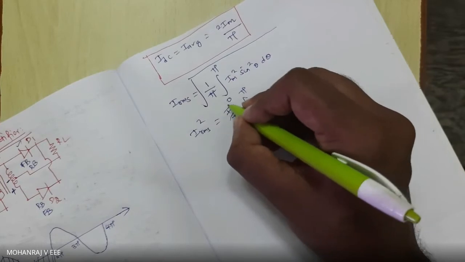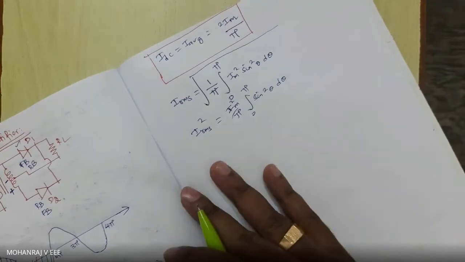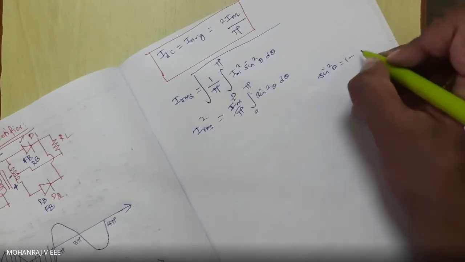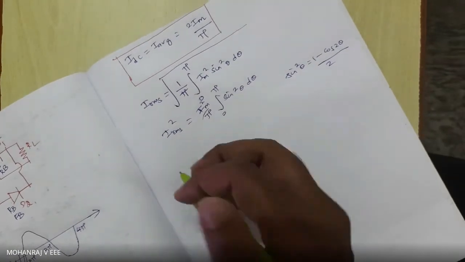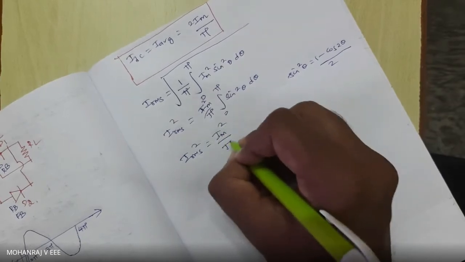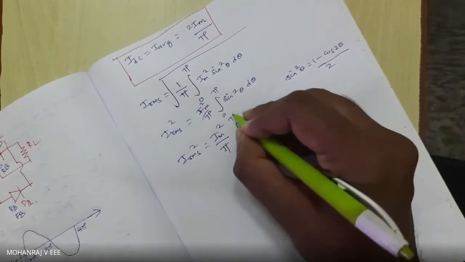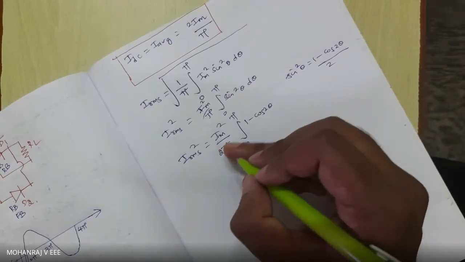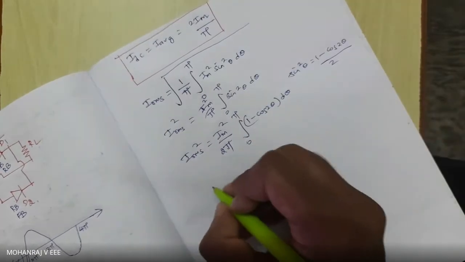So Im square sin square theta d theta. We know sin square theta can be written as 1 minus cos 2 theta by 2. So substitute that. IRMS square is equal to Im square by pi integral 0 to pi 1 minus cos 2 theta by 2. 2 can be taken outside. We will get by 2 pi d theta.